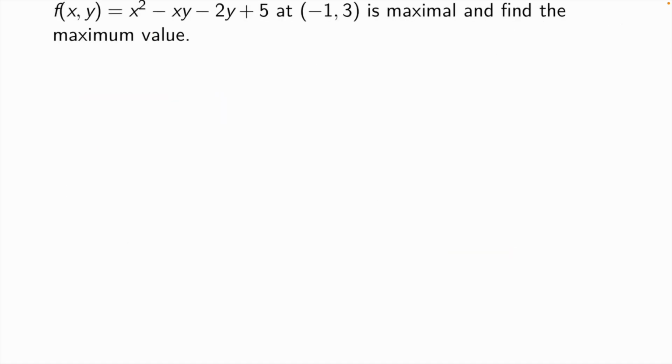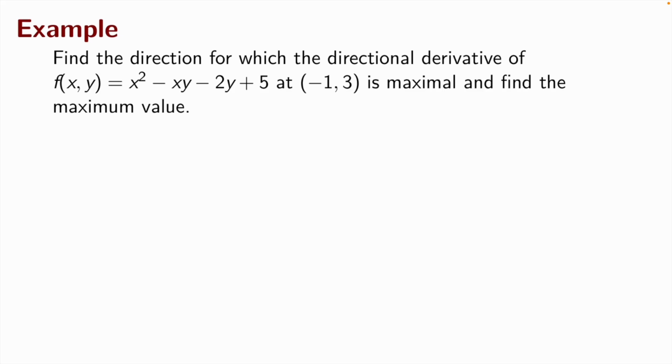So for instance, let's apply this to calculate. Let's see this example. Find the direction for which the directional derivative of this function at (-1, 3) is maximal, and find also the maximal value.